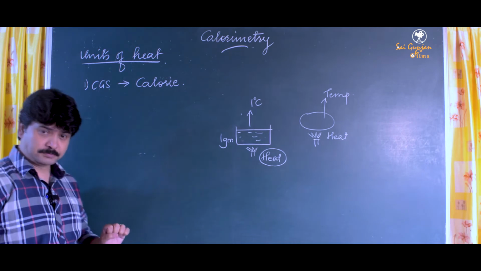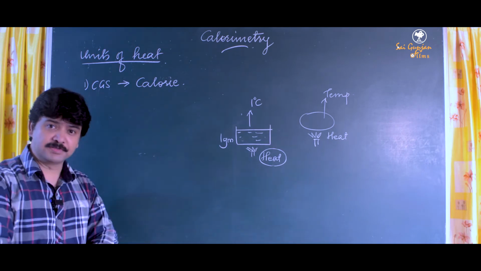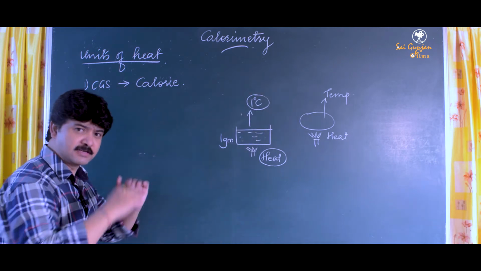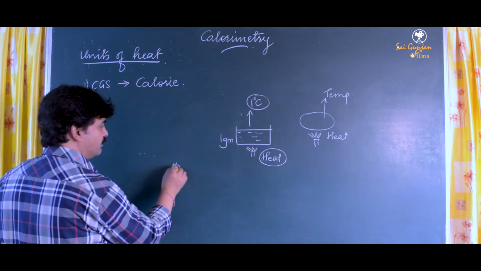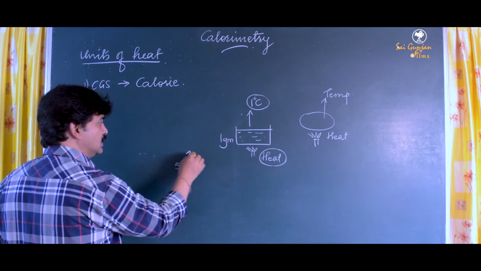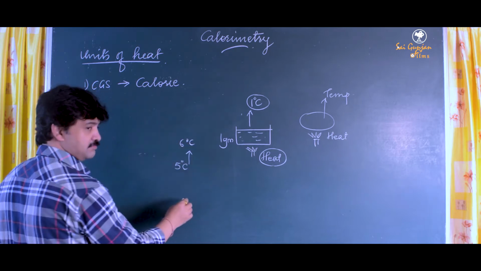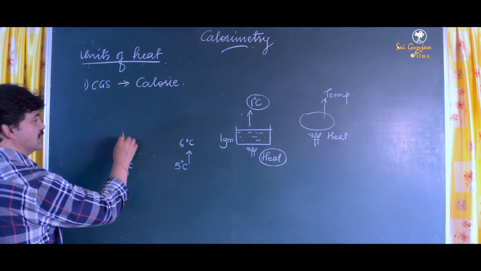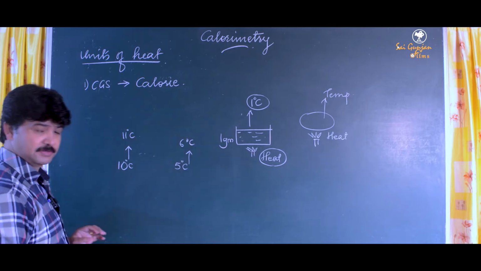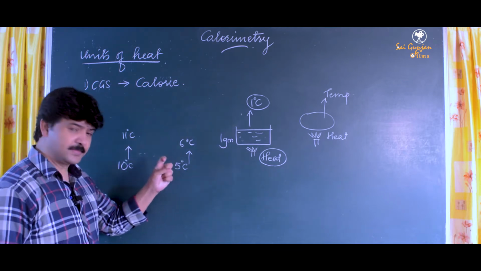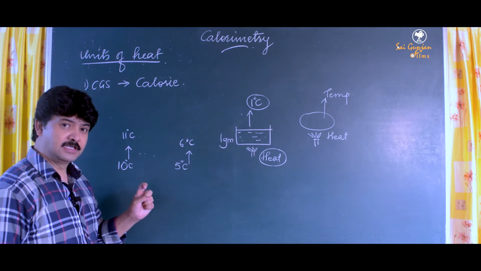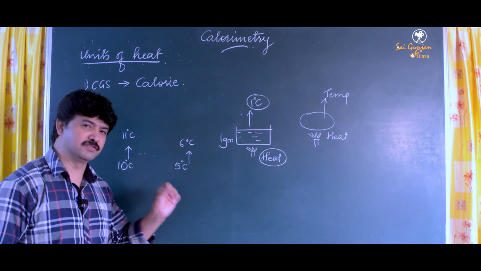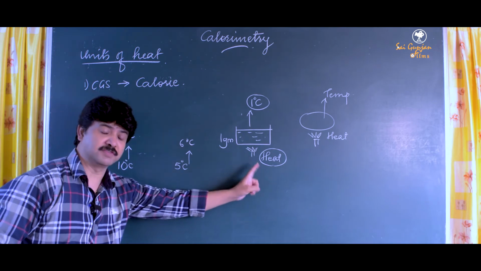But here, one thing you have to understand is that this 1 degree Celsius means any 1 degree Celsius rise in temperature, like from 5 degrees Celsius to 6 degrees Celsius, or from 10 degrees Celsius to 11 degrees Celsius. But as we see these two cases, we'll find that the amount of heat required in these two cases will be slightly different. It will not be the same amount of heat.